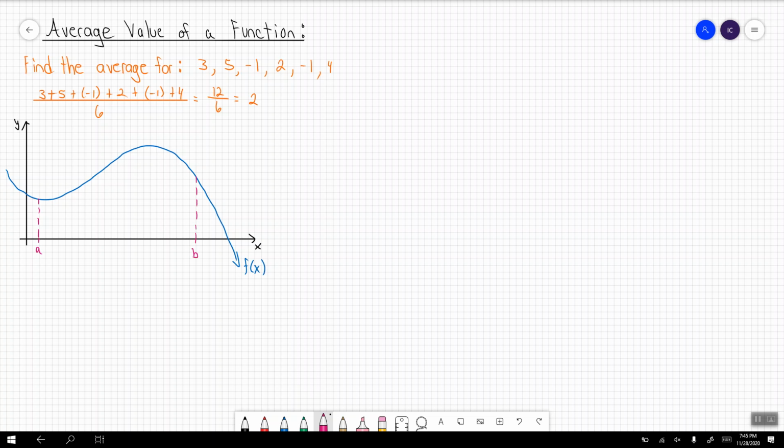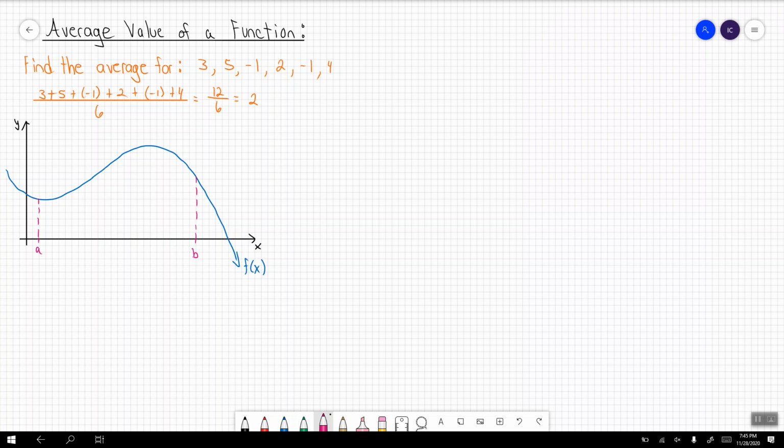In order to start looking at the average values, we're going to start translating all of these numerical values. The numerical values that were given in the data set, we can view as the output of a function.